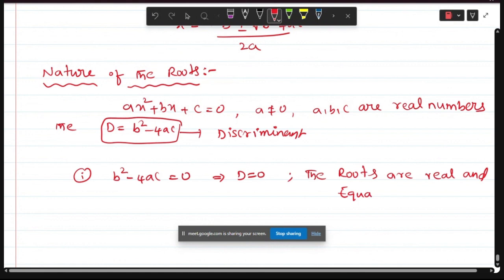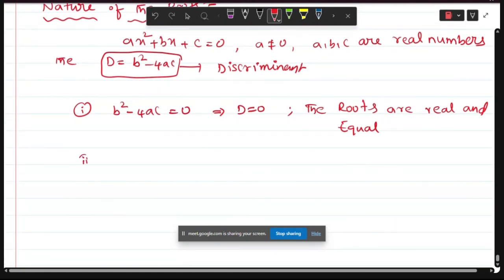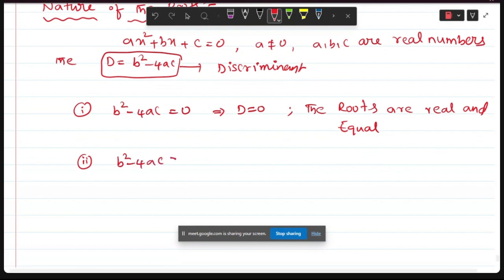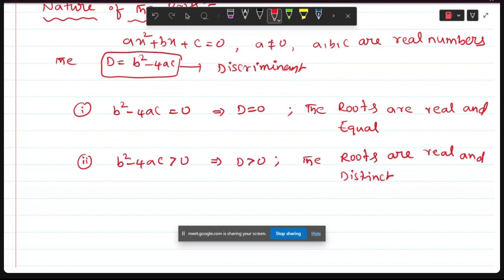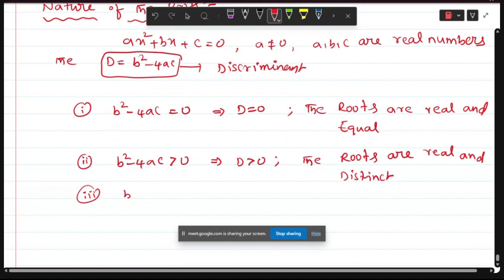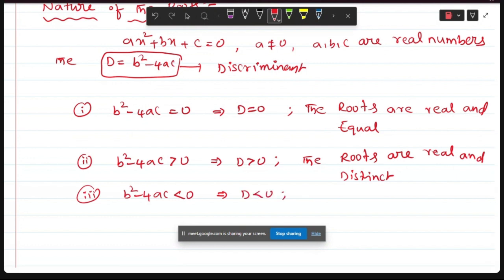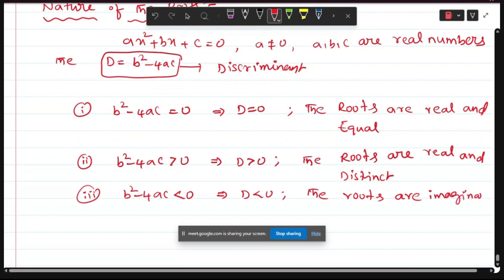Second point: if b square minus 4ac is greater than 0, that is D greater than 0, the roots are real and unequal, meaning distinct. Third: if b square minus 4ac is less than 0, the discriminant is less than 0, so the roots are imaginary, that is, no real roots.